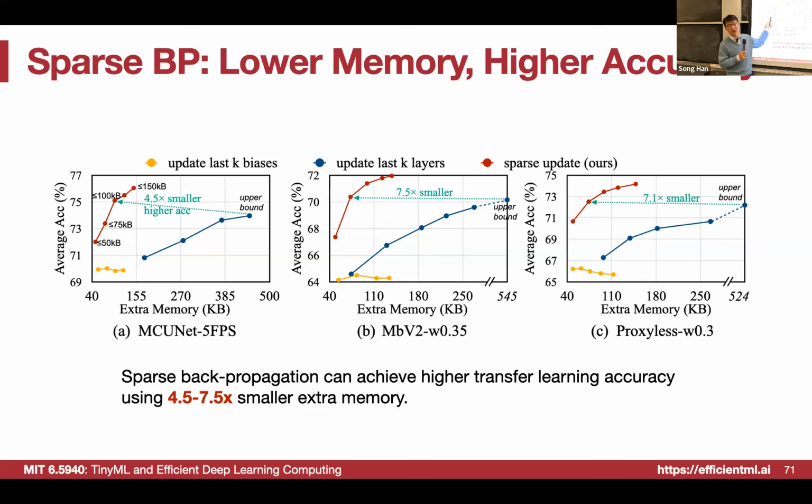Sparse update can get the best of both worlds, having a much better trade-off: low memory footprint, but high accuracy. Actually, it can get higher accuracy compared with updating the full model or updating the last K layers with 4.5x smaller memory, but even more accurate. It can fit within like 150 kilobytes.